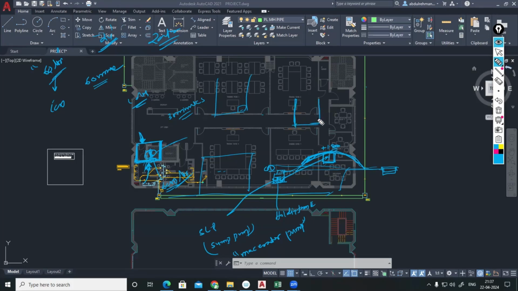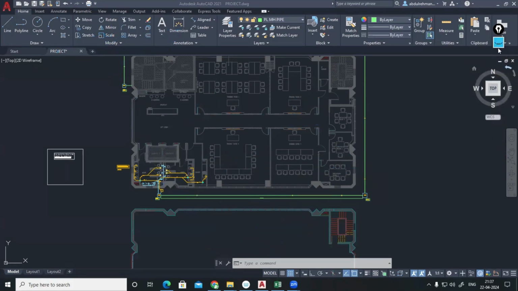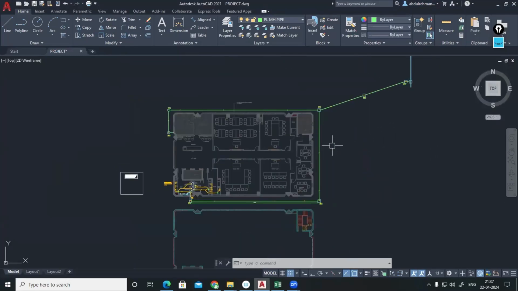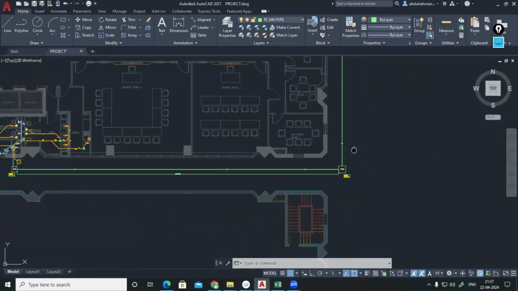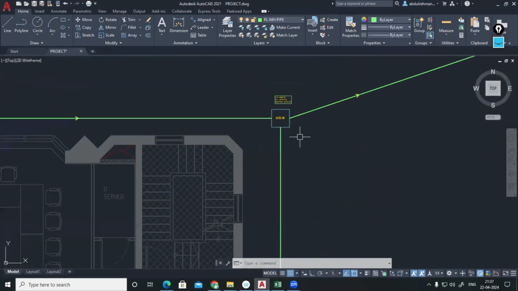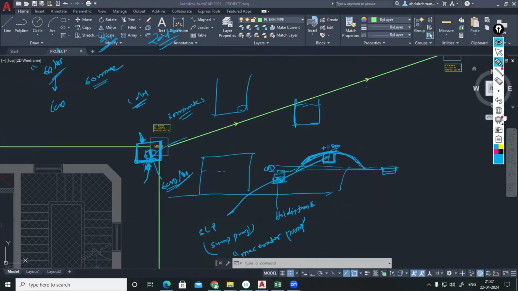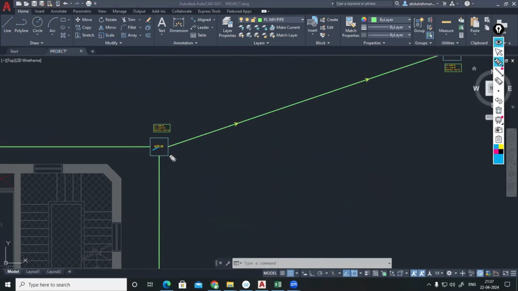When it is connecting to manhole number 6, we have to do some adjustment also. Manhole number 5 volume we have to calculate. How can we calculate manhole number 5 volume? Sizing we have to do. Anyhow, this pipe will be reaching manhole number 5.